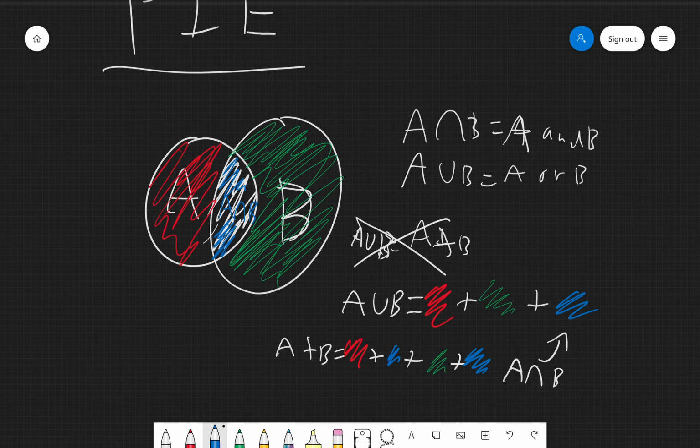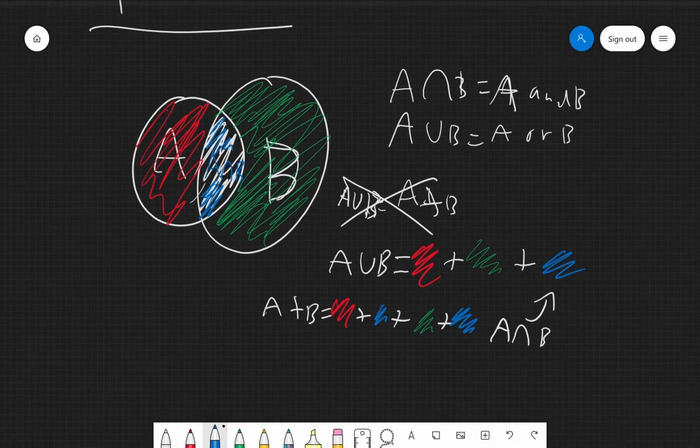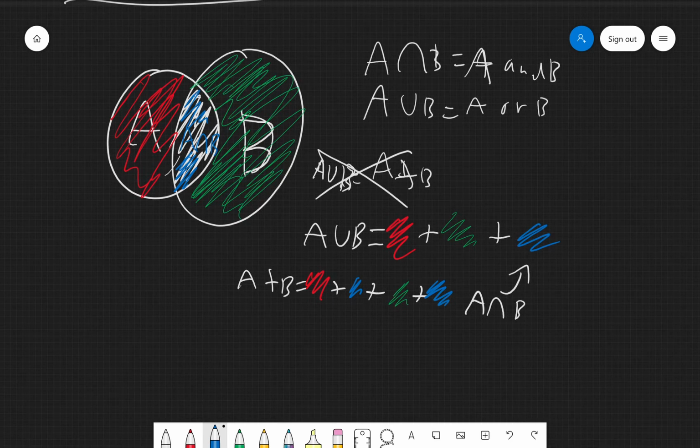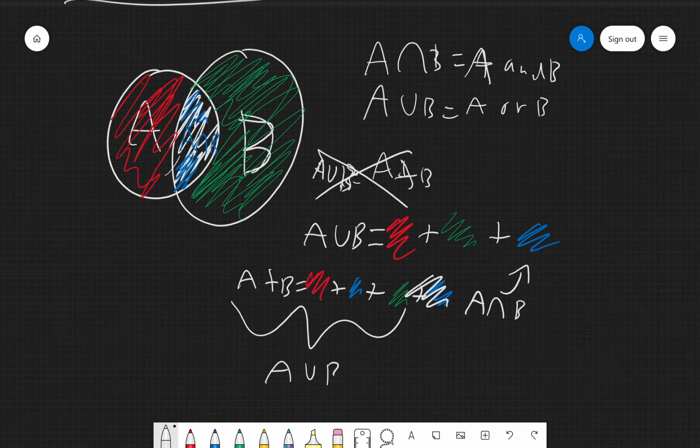Now you might notice we're double counting this blue. You can see it twice, right there and right there. So if you subtract one of these, then this is A union B.